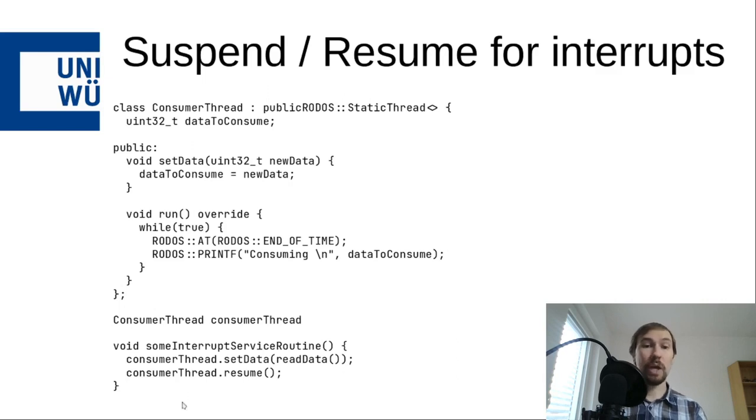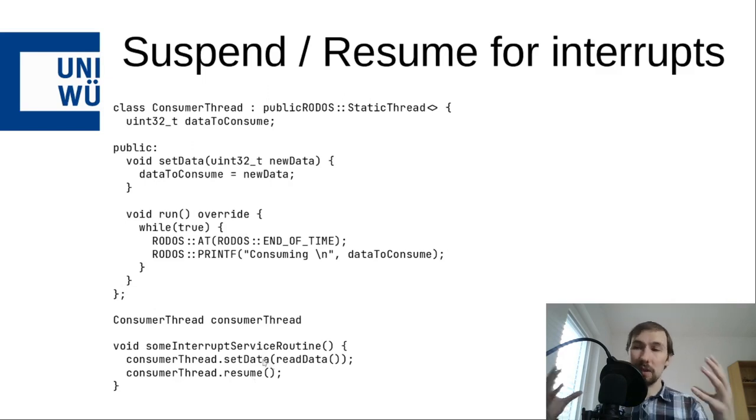We have an interrupt service routine that is called every time new data becomes available, for example from some input device, some modem, some bus. This interrupt service routine just reads the data from the device, sets the data to the consumer thread and resumes the consumer thread.